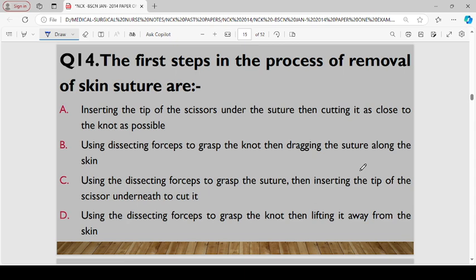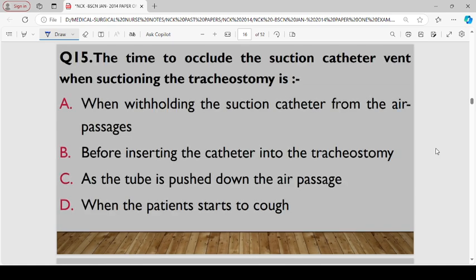Option C appears to be the best here: using the dissecting forceps to grasp the suture and then inserting the tip of the scissors underneath to cut it. Remember, using the dissecting forceps to grasp will stabilize the suture, then inserting the scissors to cut underneath will allow us not to damage the skin, right? The body tissues.